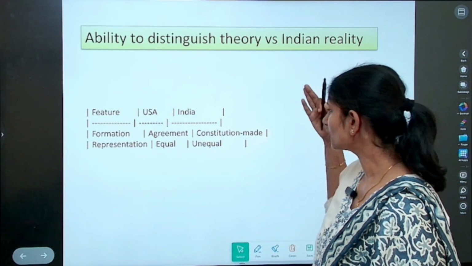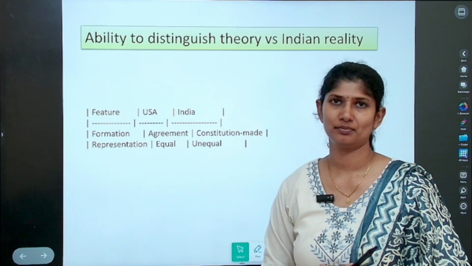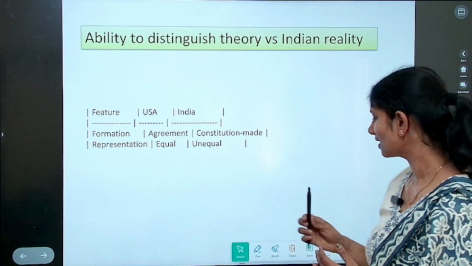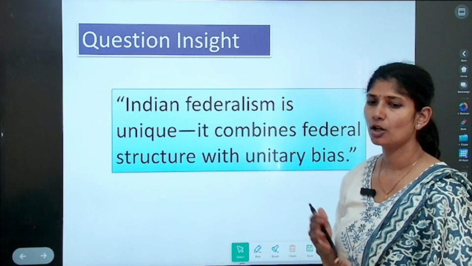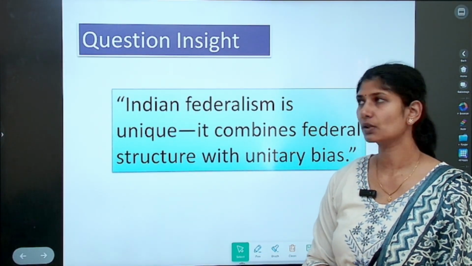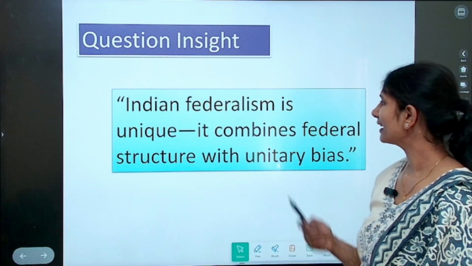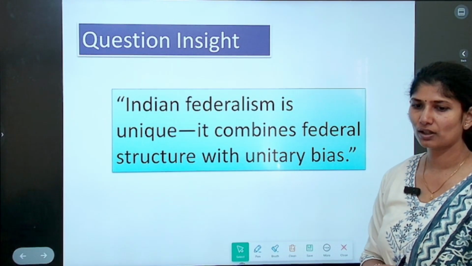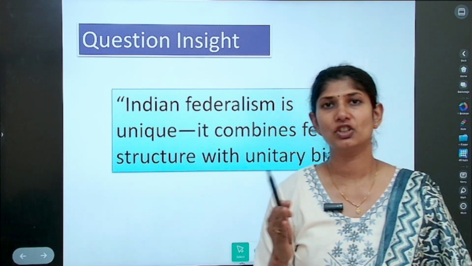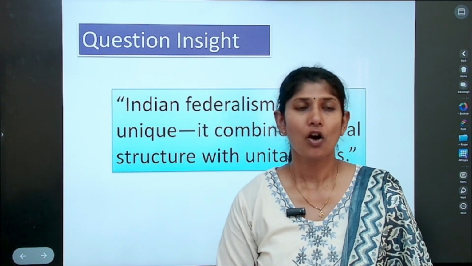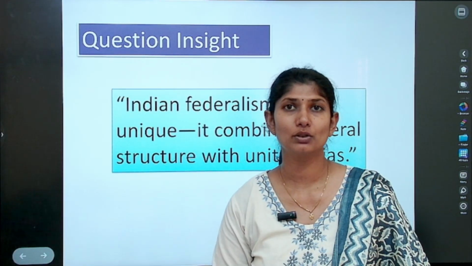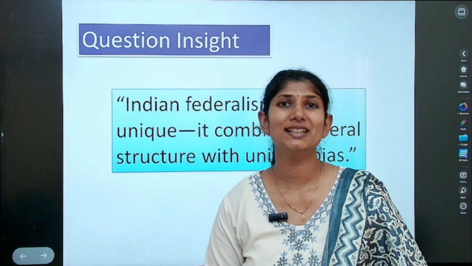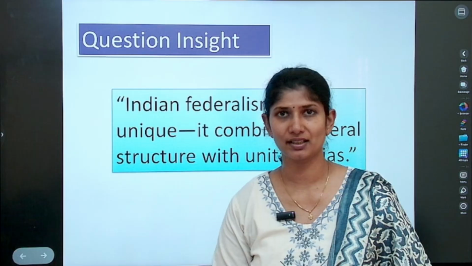India was based on a constitution made. Understanding? So there are several differences between both of them. So what is the question trying to tell? Indian federalism is unique and it combines federal structure with unitary bias, or many commentators would also call India a quasi federalism. Understanding?